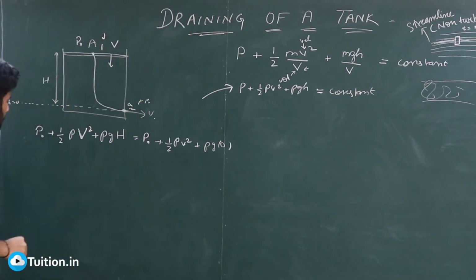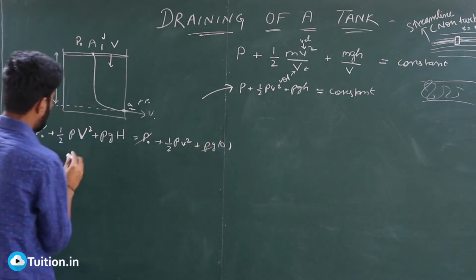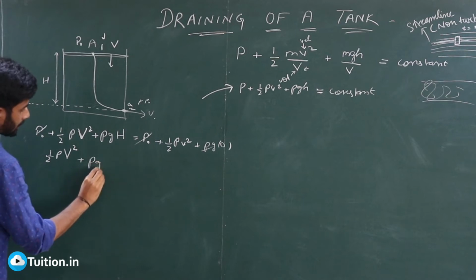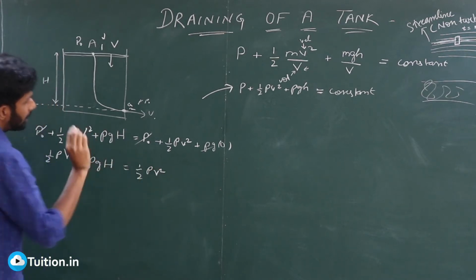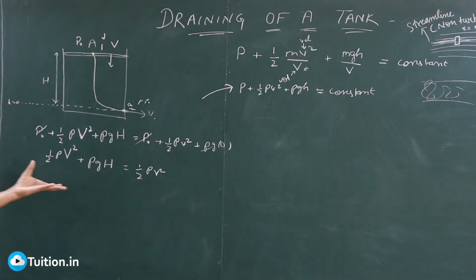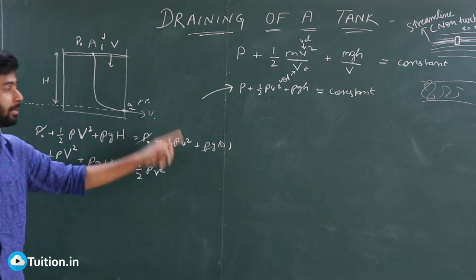So I'll keep continuing, this P0 can be cancelled. So I have half rho capital V square plus rho g capital H is equals to half rho small v square. Now if I know capital V, I can use this particular equation to get my small v. I was trying to get what small v was, right, if you remember initially.